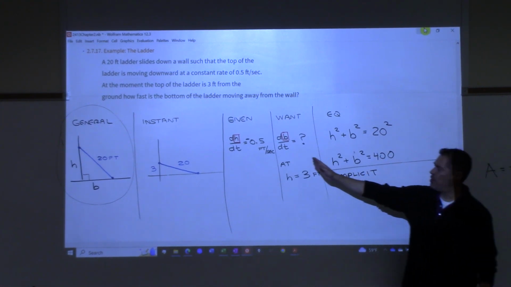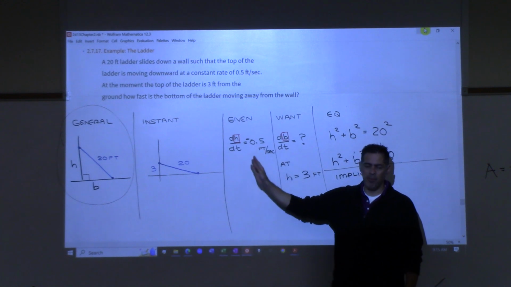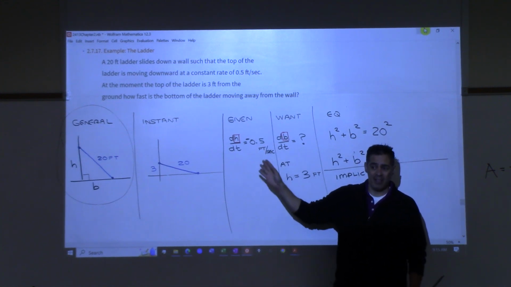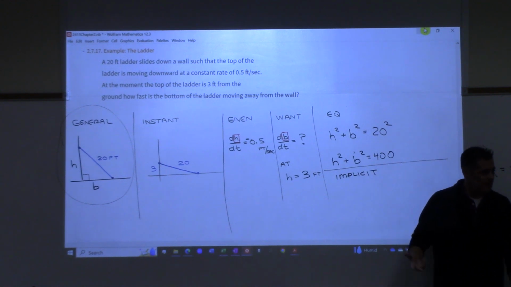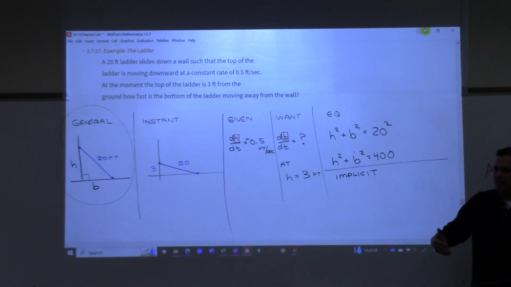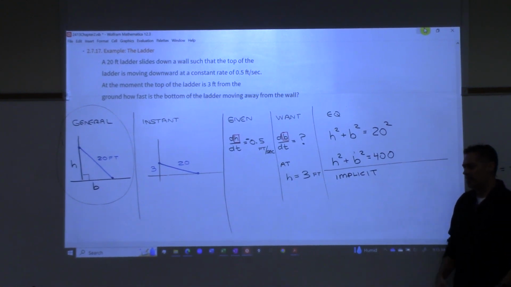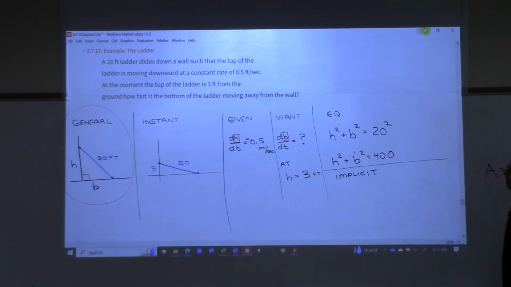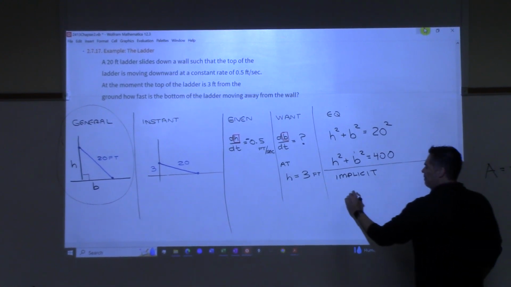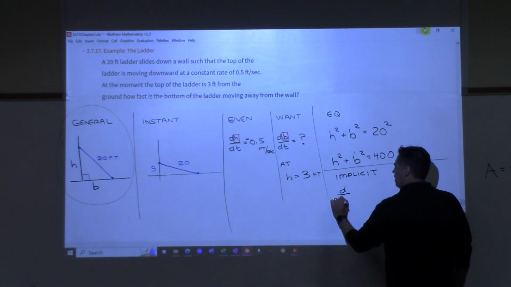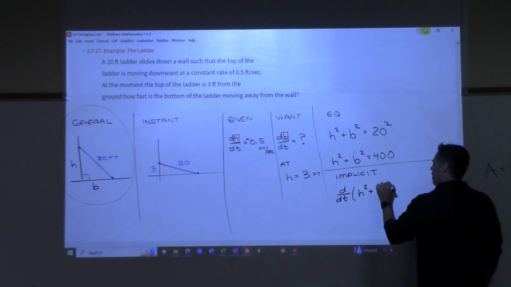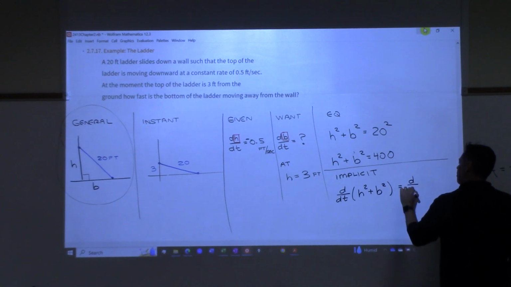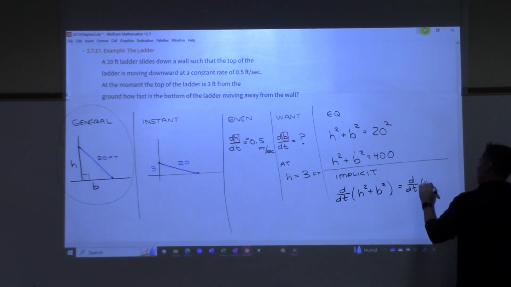Look at our derivatives over here. These are both with respect to what? T, time, right? So we want to differentiate this equation with respect to time so that we'll get dH/dt and dB/dt to come out. So here we go. Take the derivative with respect to t on the left, and then take the derivative with respect to t on the right.